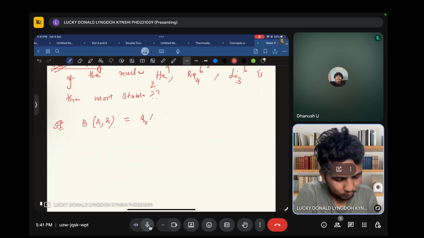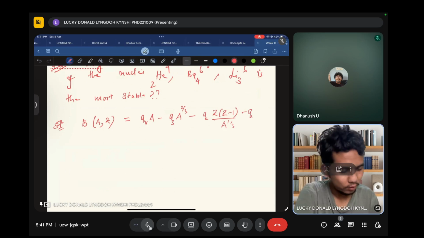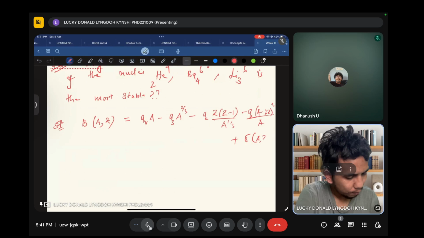A volume term that we have already known, minus the surface term, minus the Coulomb energy term, minus the asymmetry term, (A − 2Z) squared divided by A, plus there is also another term called the parity term.